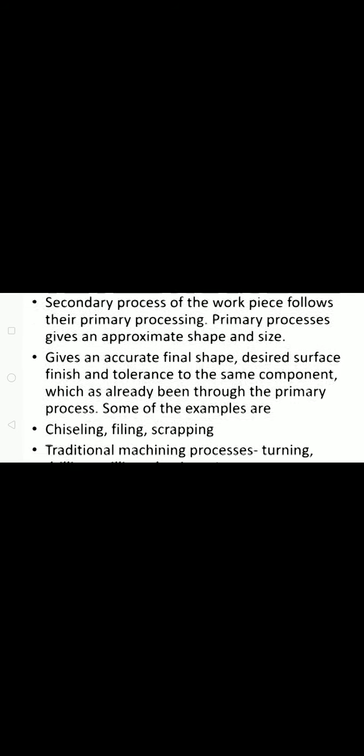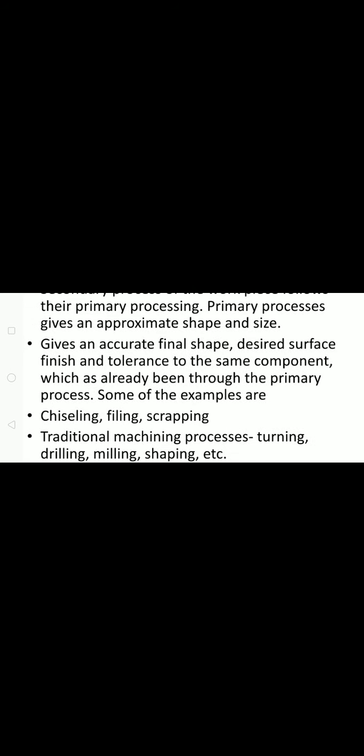Some examples of secondary manufacturing processes are chiseling, filing, and scraping. A rough contour of the work part, already produced from a primary manufacturing process, either metal working or metal casting, can be finished to the exact size by chiseling, filing, scraping, or finishing with these tools.